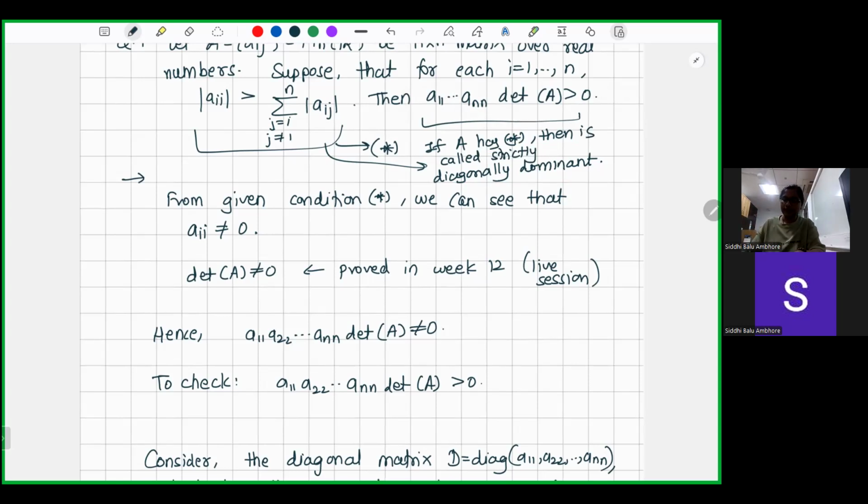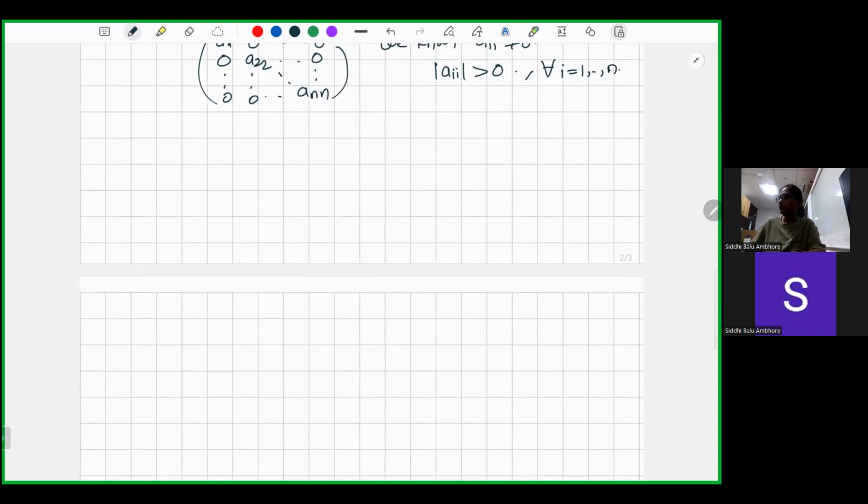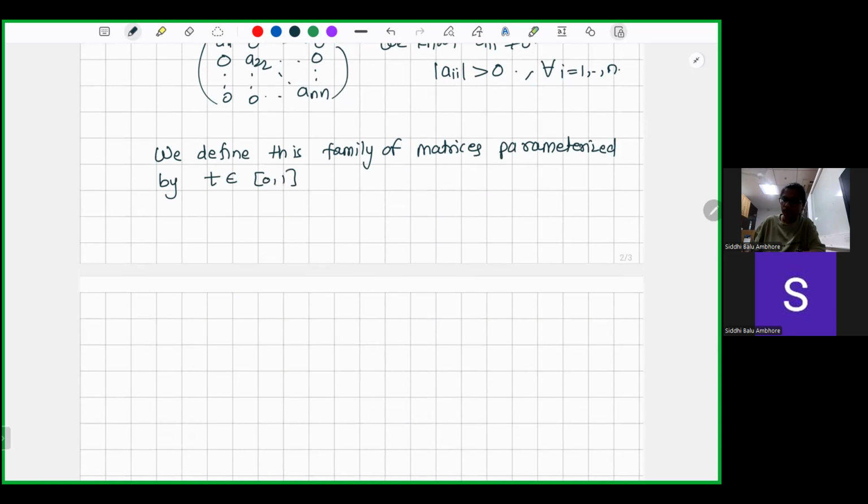Now we define this family of matrices parameterized by t in 0 to 1, such that A(t) is (1 minus t)D plus tA.